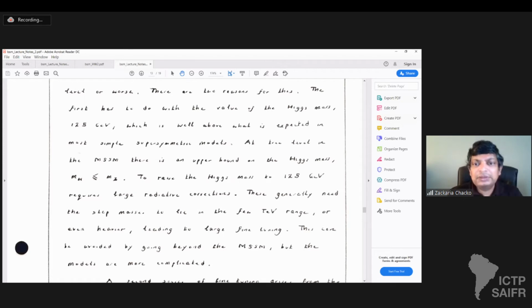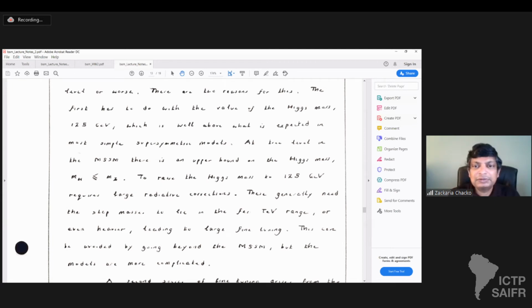And remember that it's the mass of the stop now which is cutting off the quadratic divergences. So once you have a stop mass in the few TeV range, that's bad. That means you're getting order a few percent fine tuning immediately.